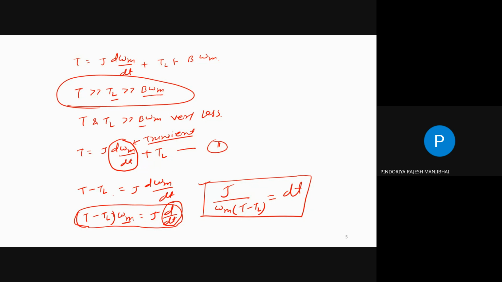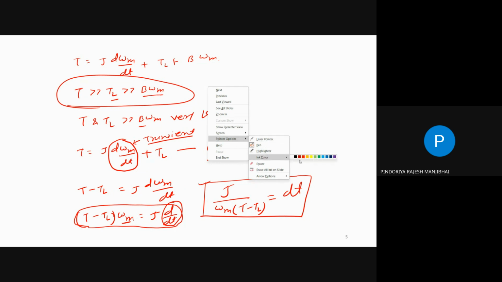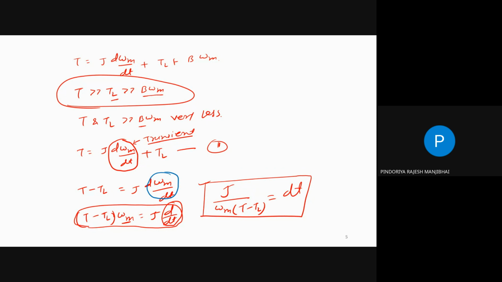So now we have to calculate the energy losses during the transient. Which component is transient? The transient component is d omega by dt. Whatever component changes with respect to time is the major component of transient.